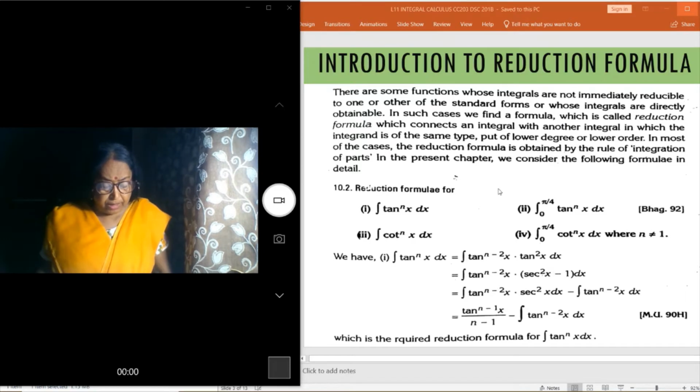So tan to the power n minus 1 x divided by n minus 1 minus integration of tan n minus 2 x dx. Let I n be equal to, now I am putting the limits 0 to pi by 4, tan^n x dx.